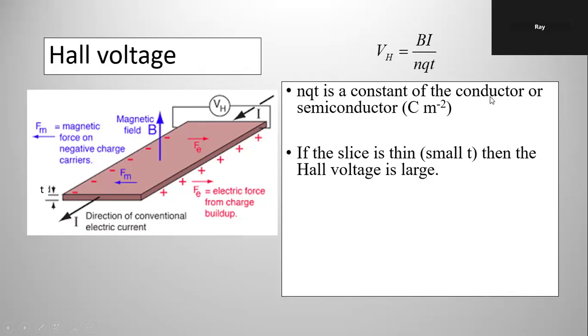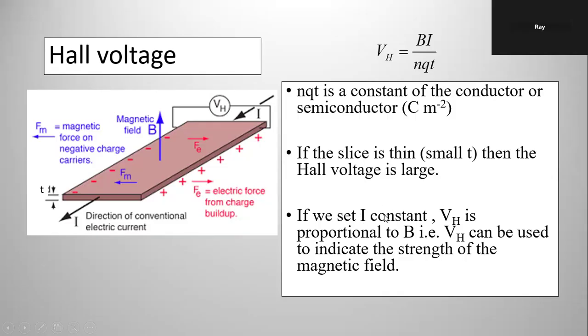NQ is a constant of the conductor or semiconductor, in coulomb per meter cubed. If the slice is thin, then the Hall voltage is large.